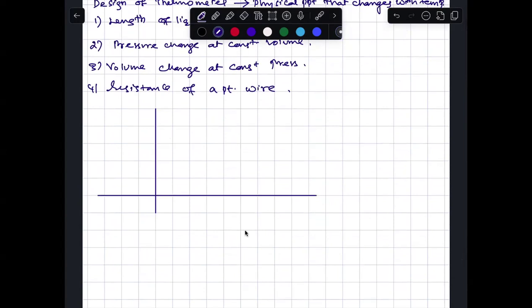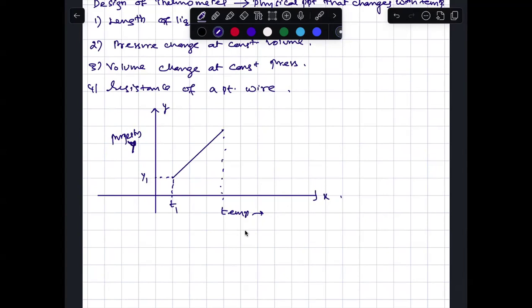Imagine a property Y, instead of X, because there might be some confusion for you, taken against temperature along the x-axis. I know two pieces of information. At some temperature T1, the property is Y1, and it changes linearly.